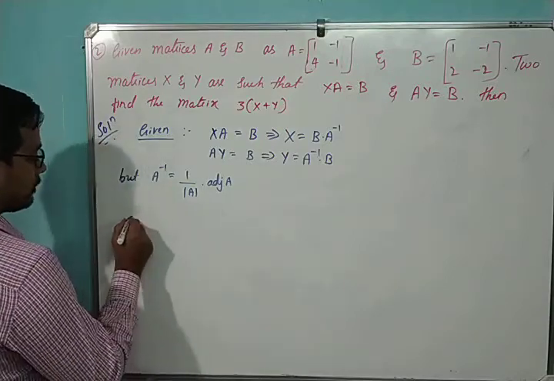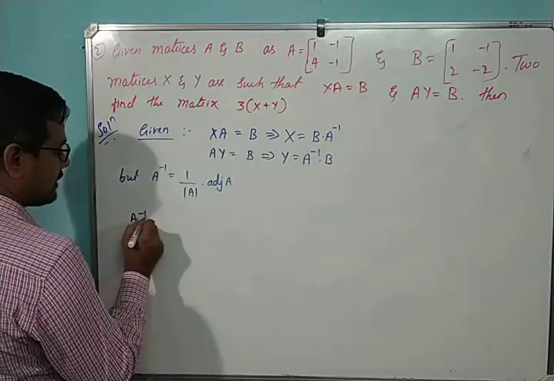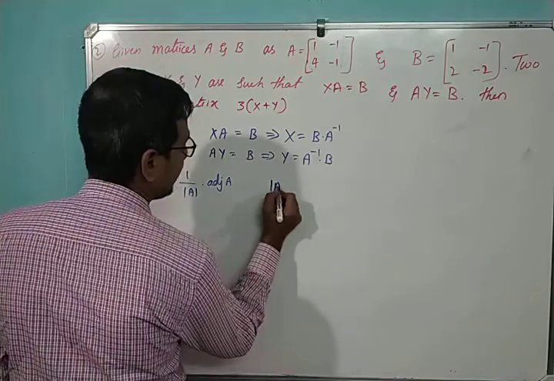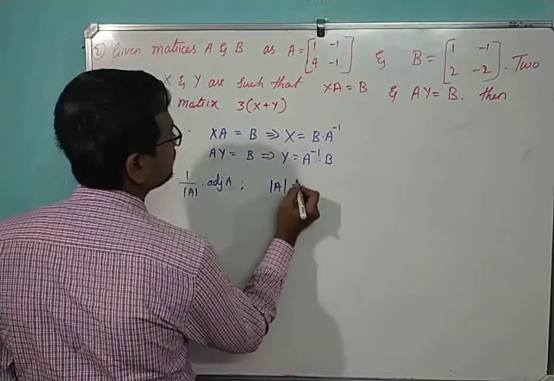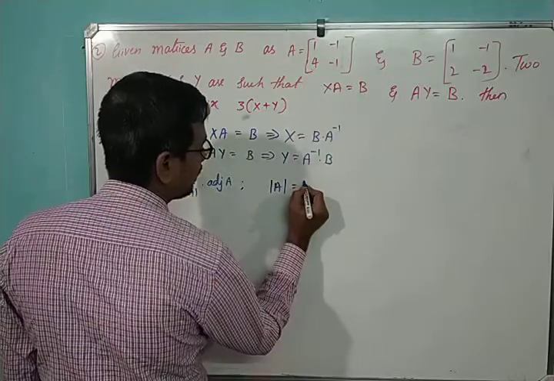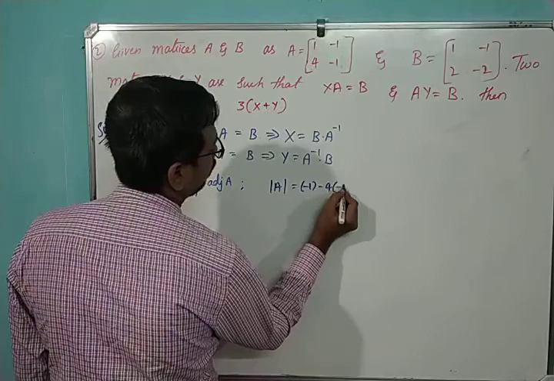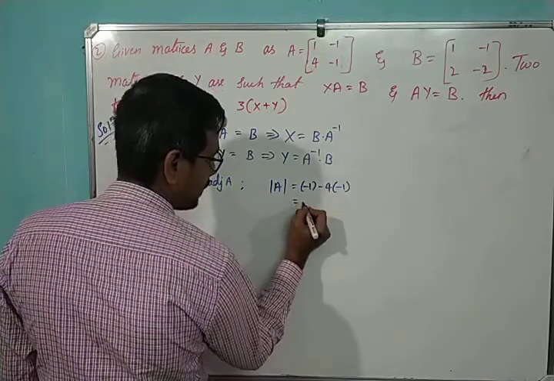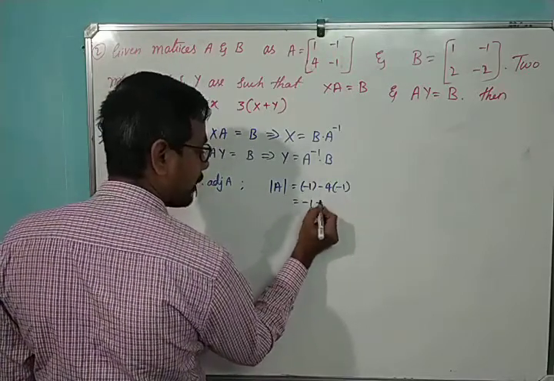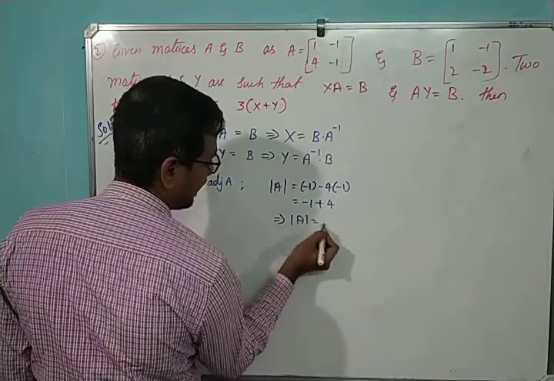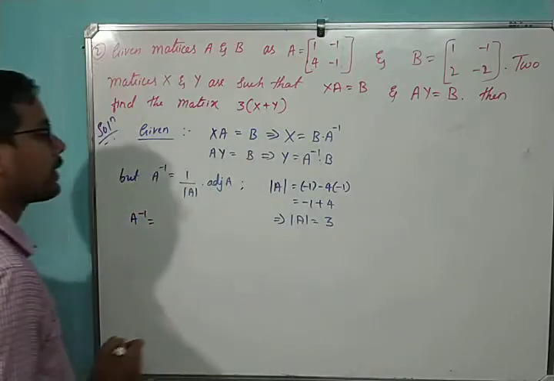Right. So A inverse is equal to 1 upon determinant A. Determinant A is what? 1 into minus 1, minus 1 into 4 into minus 1. So this is minus 1 plus 4. So I can write determinant A as equal to 3. Okay.